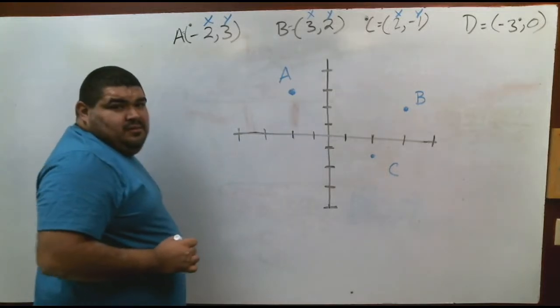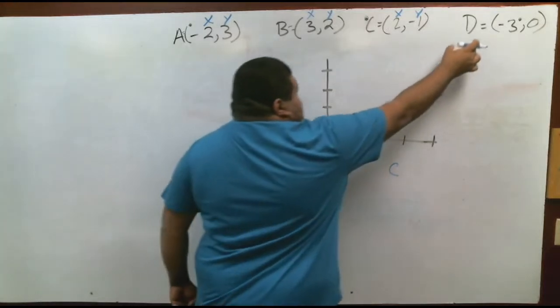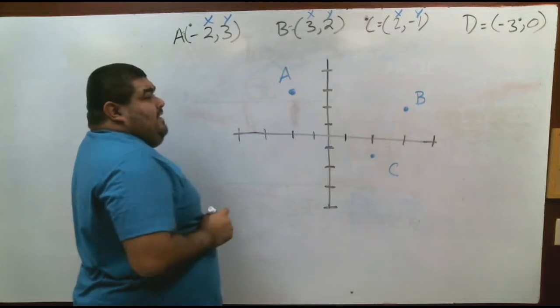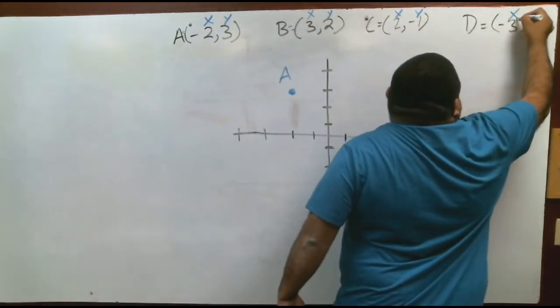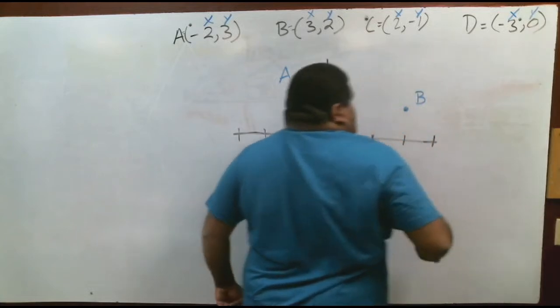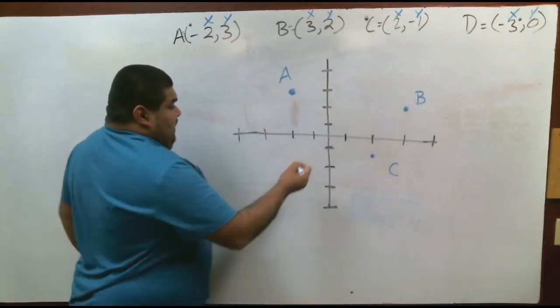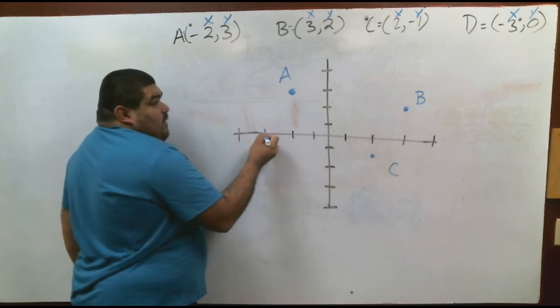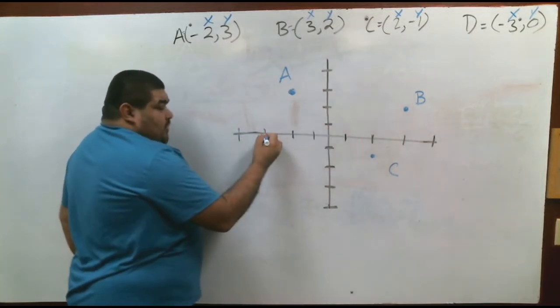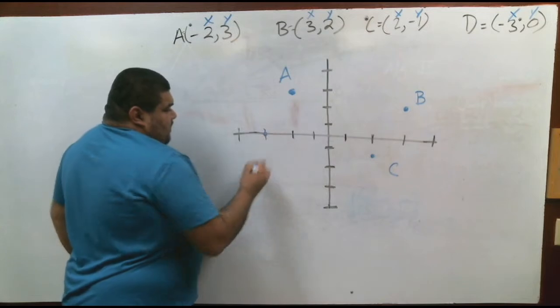And then finally, our D, which is at negative 3 and 0. So x is negative 3, y is 0. This time we're going to go to the left because it's negative 3. And we're not going to go up or down. So we're going to put our point there.